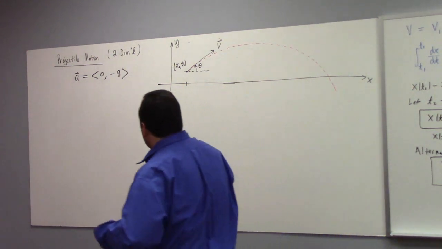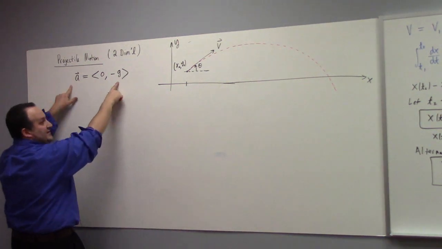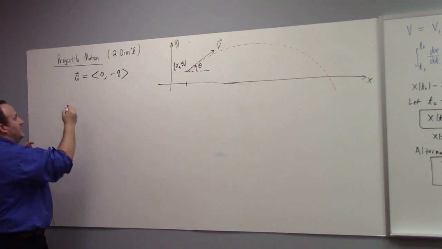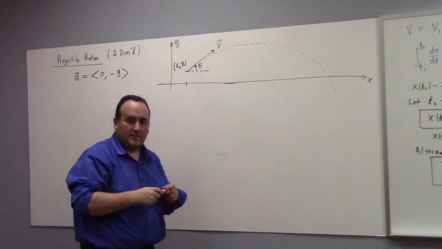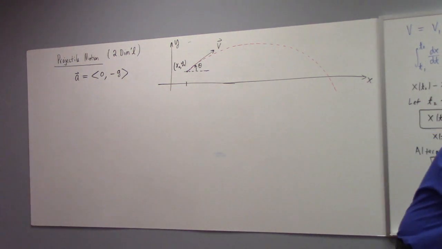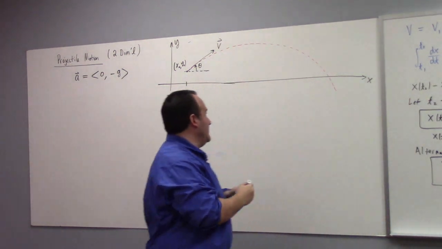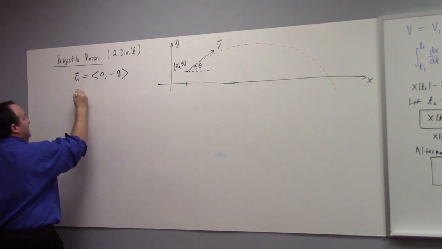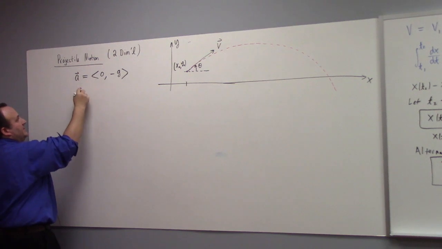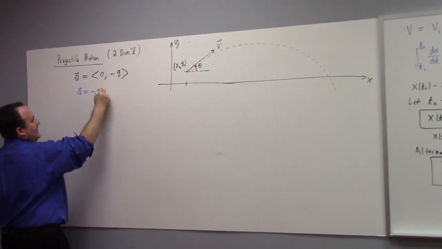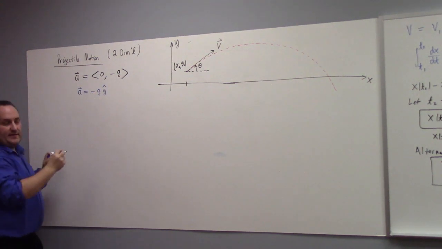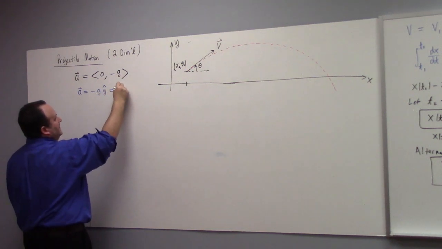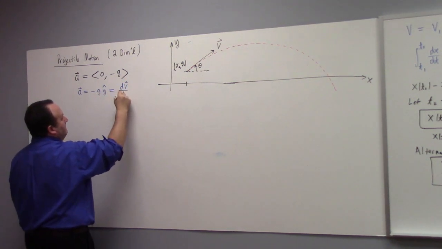So mathematically, that's this, all right? And let me just derive it with calculus. Here's how we do that. I'm going to convert to a different notation to make life easier. This is really just minus g y-hat, right? And that's equal to dv vector dt.